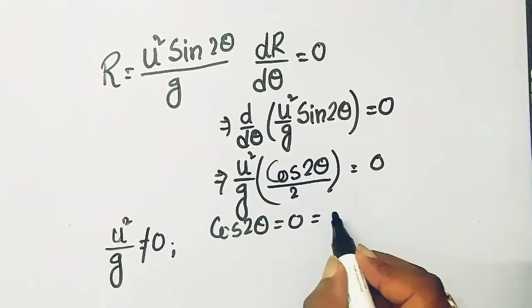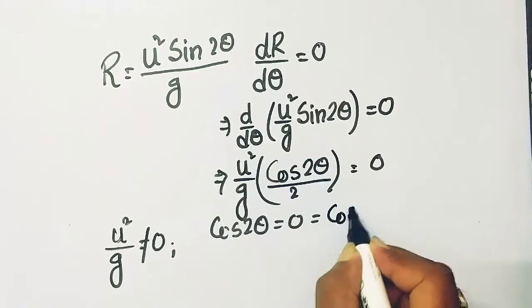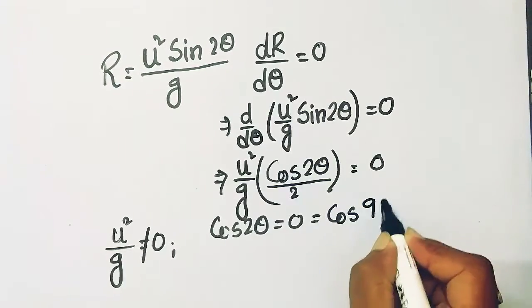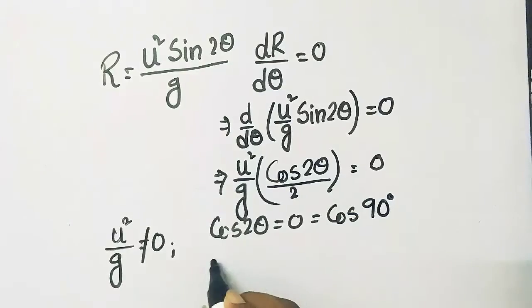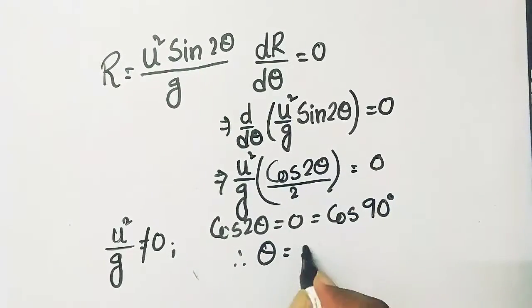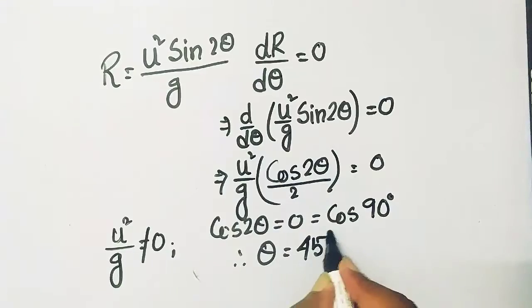If cos 2 theta equal to 0, then it will be cos 90 degree. Then from here we can say theta equal to 45 degree. Therefore for the angle of projection 45 degree, the range will be maximum.